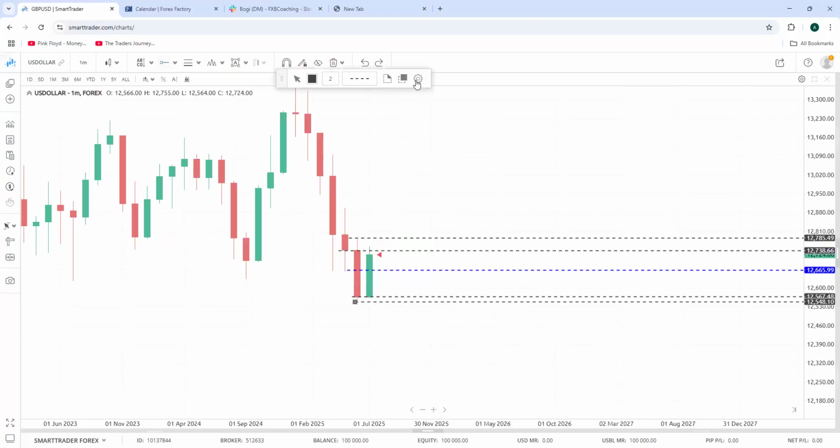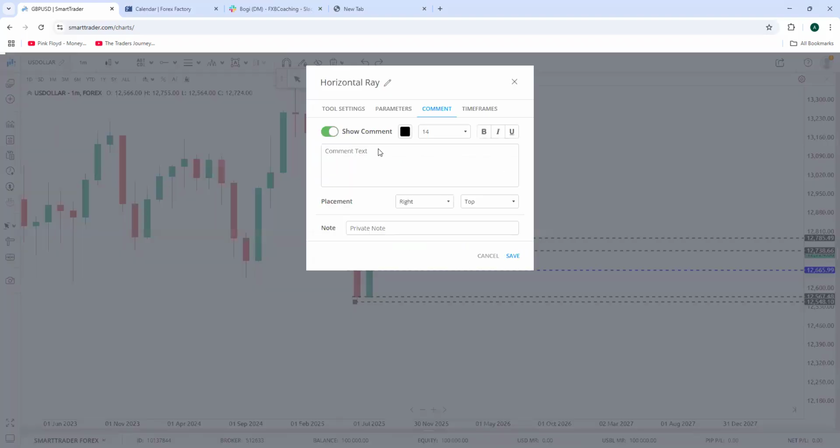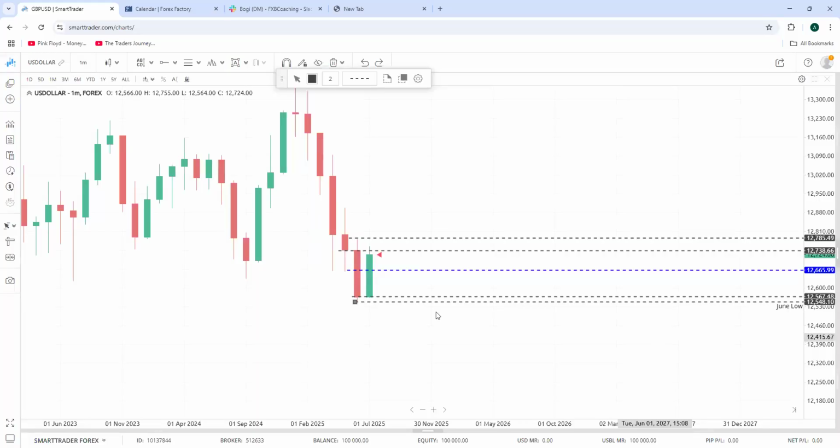We're going to mark this here. Now it's the previous month's low. So we're in July right now. So we're going to mark it June low. And then we're going to put this on the bottom to the right side. And then we have it at June low.